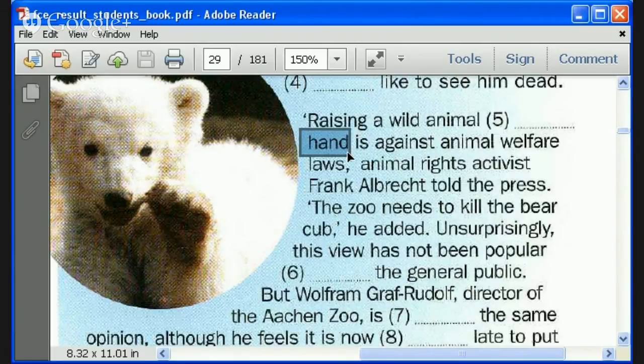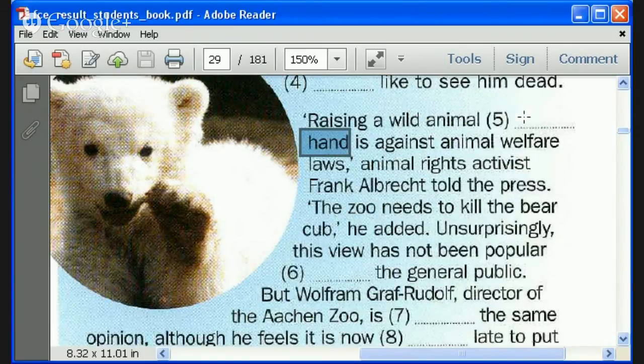If you do something by hand, you do it manually, right? You make a chair by hand, means you don't do it in a factory, you do it by yourself. But this was a little bit confusing because normally we think about making an object, not raising an animal.